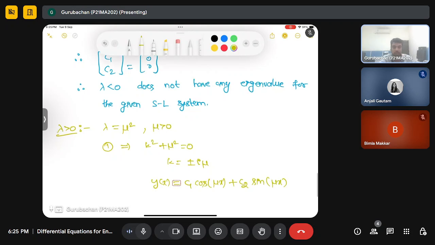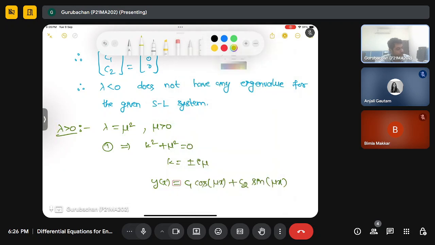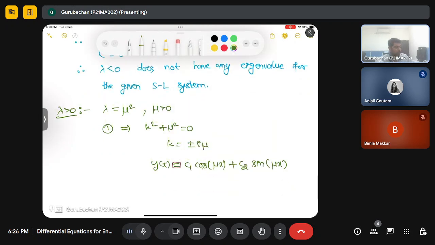Since this is C1 cos mu x and C2 sin mu x, what will be its derivative?